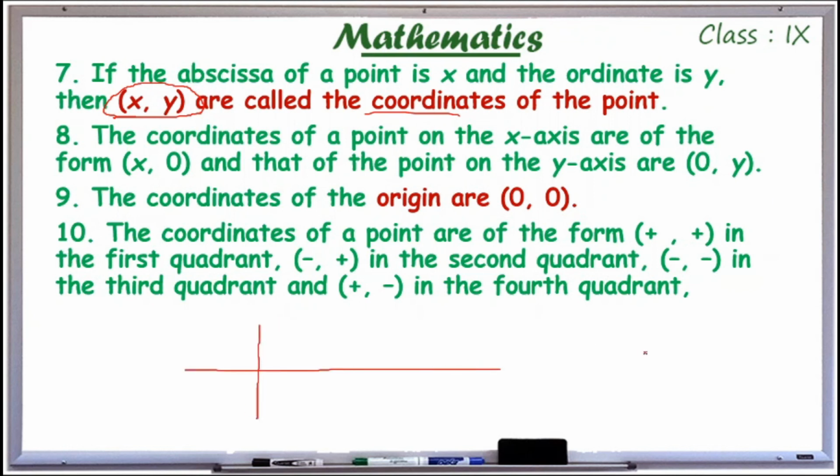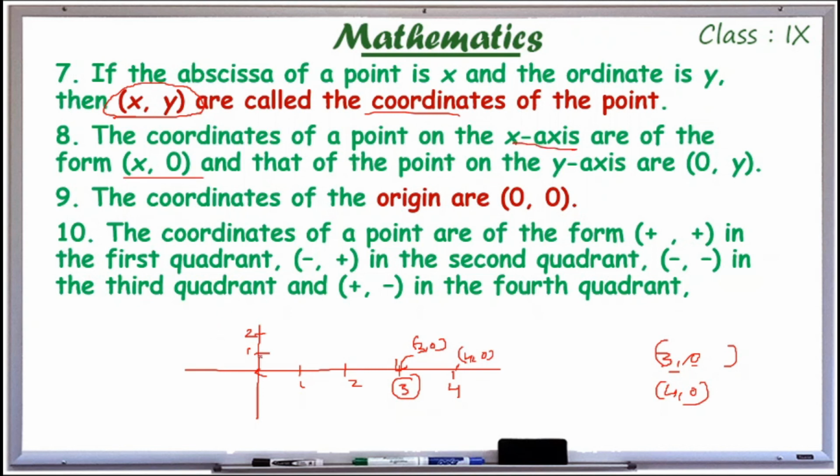Suppose I want to mark 3 comma 0, 4 comma 0, etc. So 3 comma 0 means I have to take the value 3 on the x-axis and the value 0 on the y-axis. 0 means that same line. So 3 comma 0 lies on the x-axis. Also 4 comma 0 lies on the x-axis. So on the x-axis the points are of the form x comma 0.